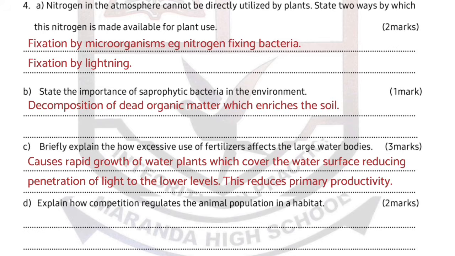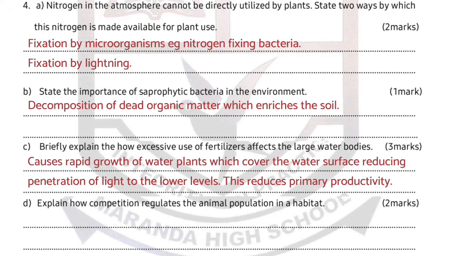So these water plants are going to grow rapidly, cover the surface of the water body. And by doing so, they are going to reduce penetration of light, okay? Remember, less light is going to be able to penetrate into the lower levels of the river. By doing so, it's going to decrease primary productivity over time.